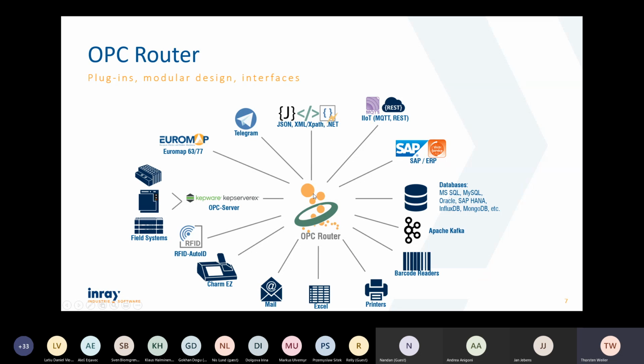OPC Router could recognize that and then automatically send out emails or Telegram messenger notifications to the maintenance team, informing them that there's an issue with the printer. So all these kinds of bidirectional communications can happen in parallel at the same time. And that's mainly what OPC Router does.